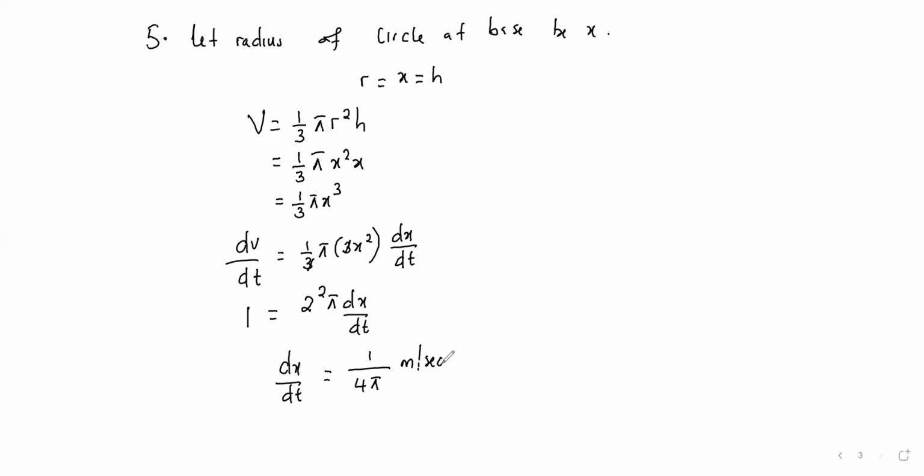So how fast is the sand rising when it is 2 meters high? Remember that the h is equal to x, and we put the 2 there. So that will be happening at 1 over 4 pi meters per second. That's how it will be rising.